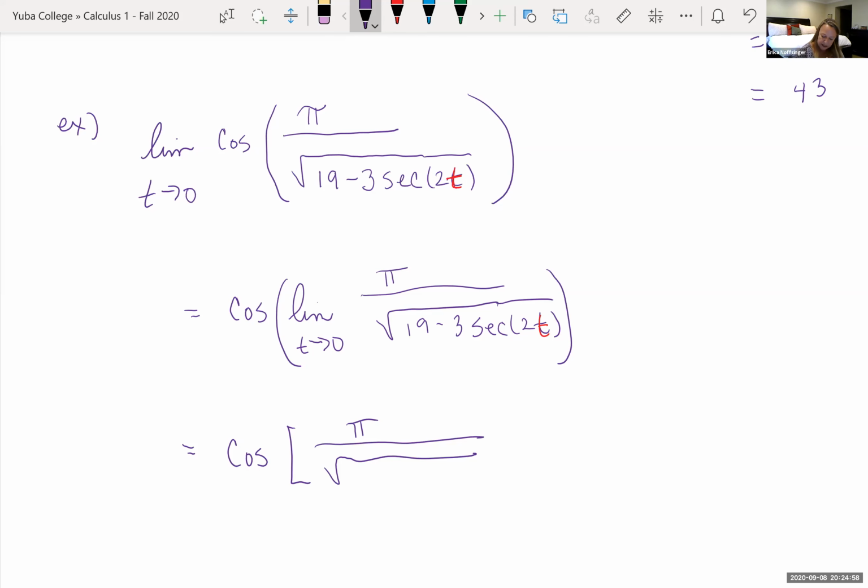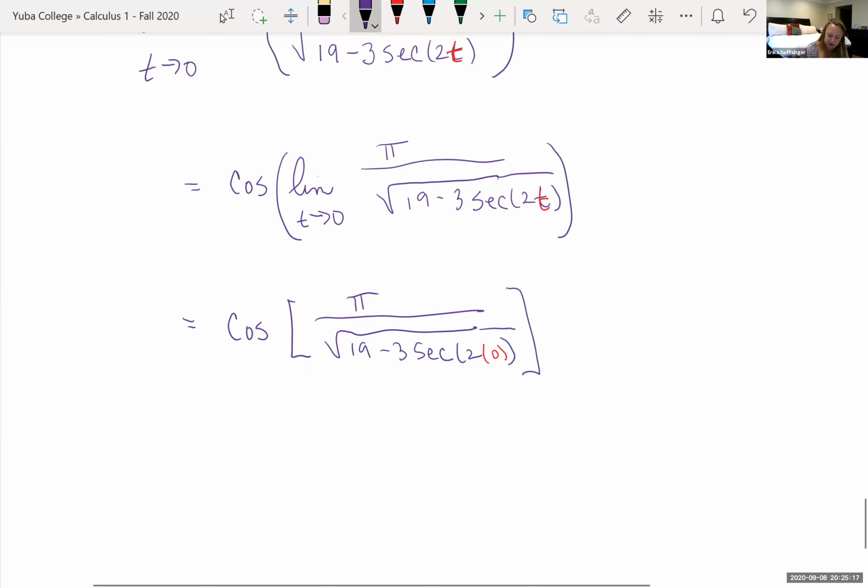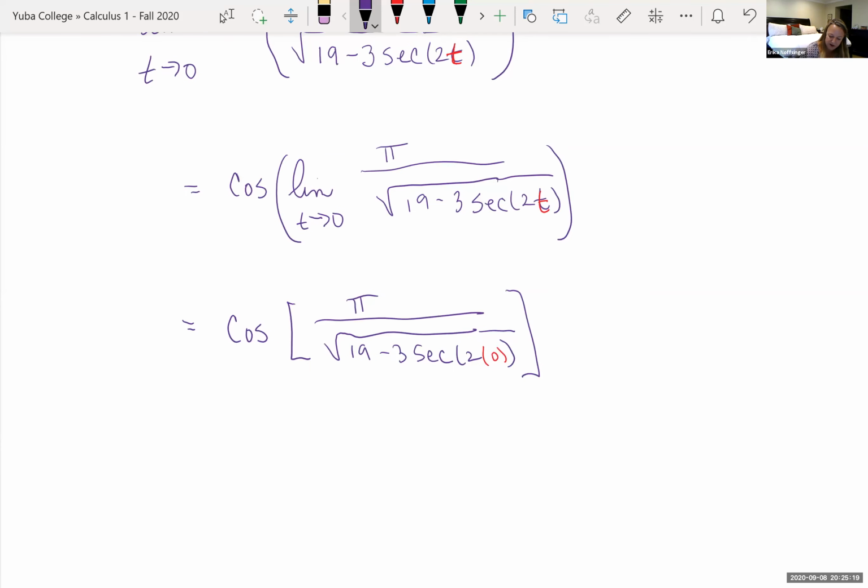So this is 19, limit of a constant is a constant, minus 3 secant 2 times 0. So let's just reduce that. And so we have cosine of pi all over 19 minus 3 secant of 0.